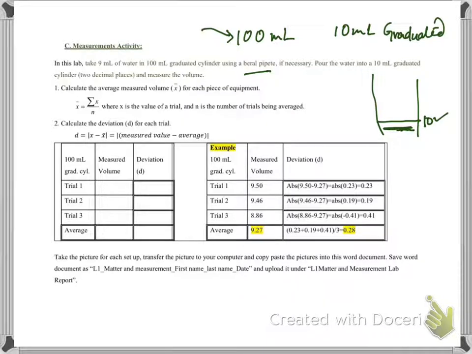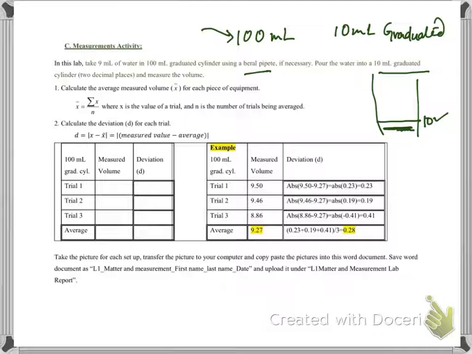Once you have 9 ml of water in the graduated cylinder, you have to transfer the water from this 100 ml graduated cylinder into the 10 ml graduated cylinder, the small one. And when you're transferring and reading the graduated cylinder, make sure you put your number up to 2 decimal places.